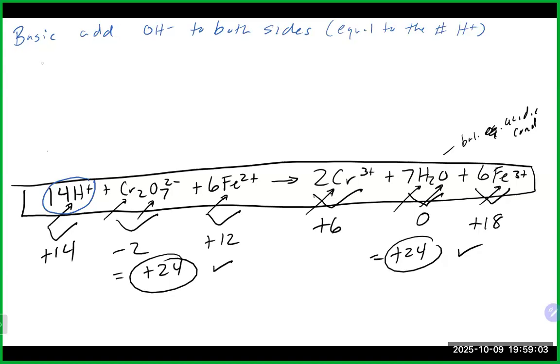So I'm just going to do that up here and write it in. So I'm going to have 14 OH minuses to the left. I'm going to still keep everything the same that was there.